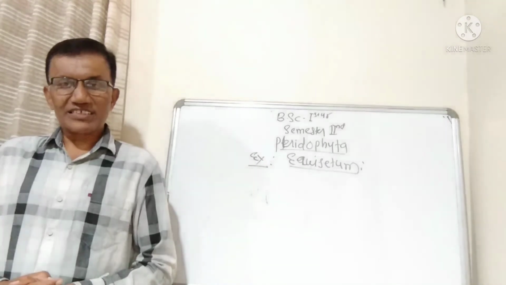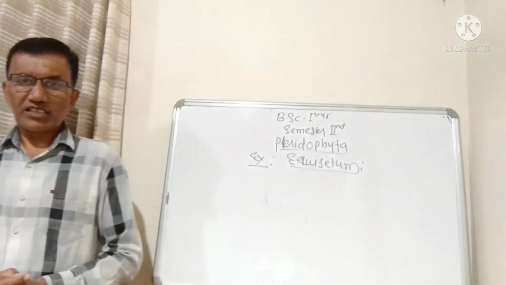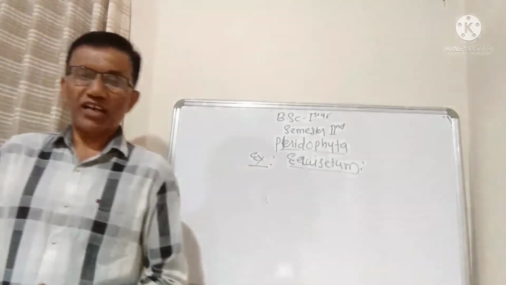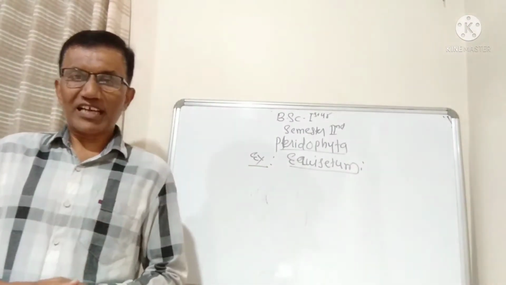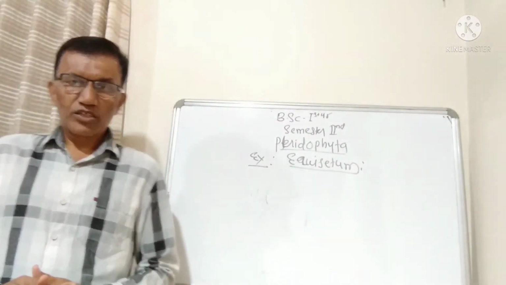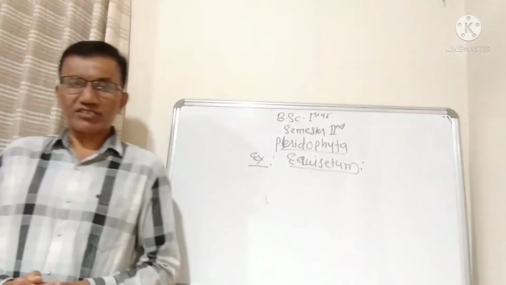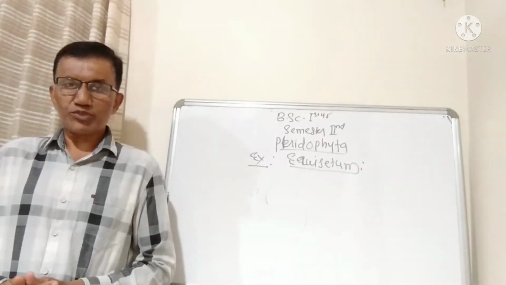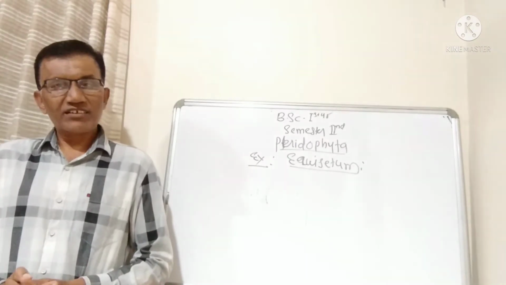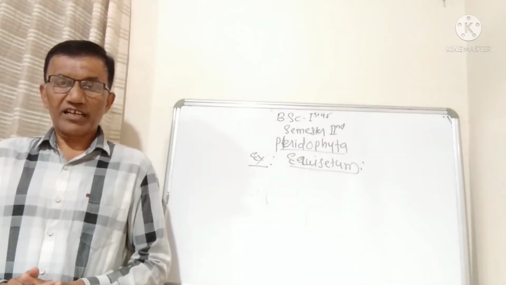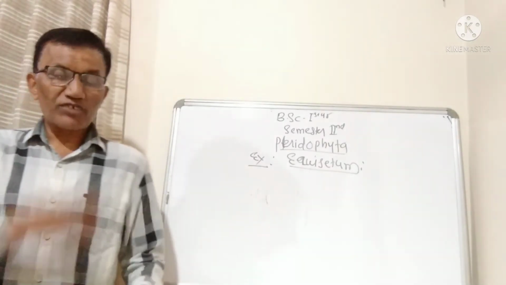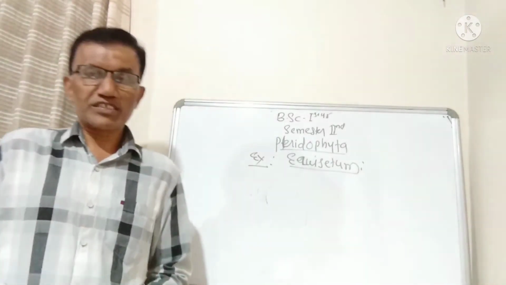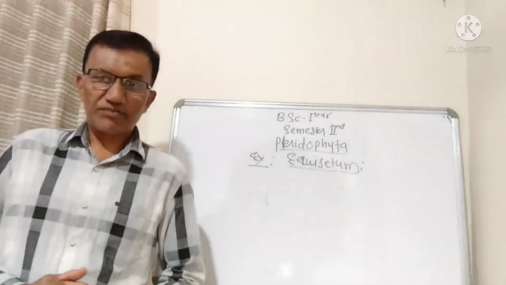The rhizome part is perennial. The aerial part, which grows above the ground level, is annual. The aerial part of the sporophyte of Equisetum is again differentiated into fertile and sterile ones. There are various species of Equisetum.